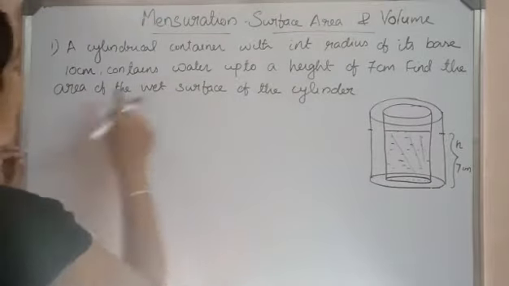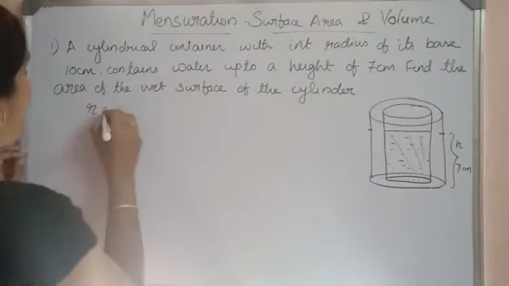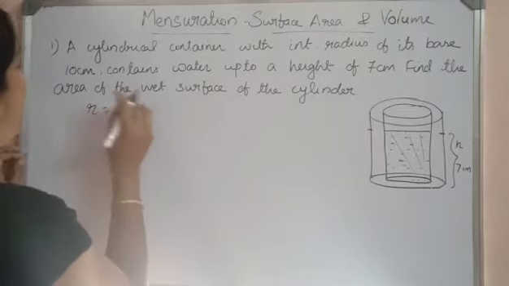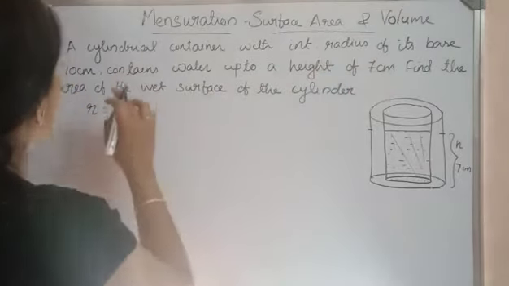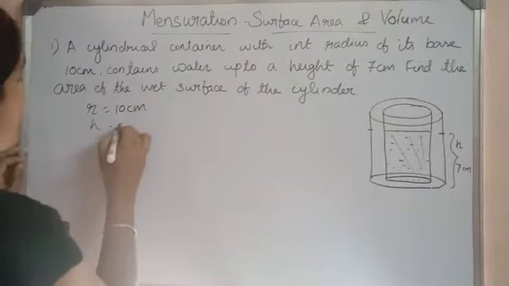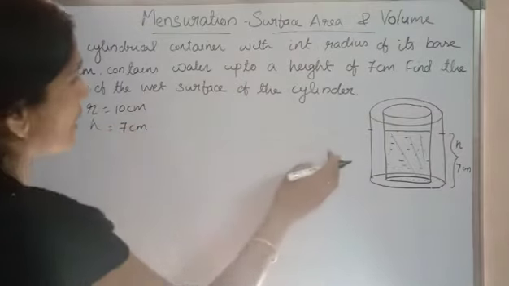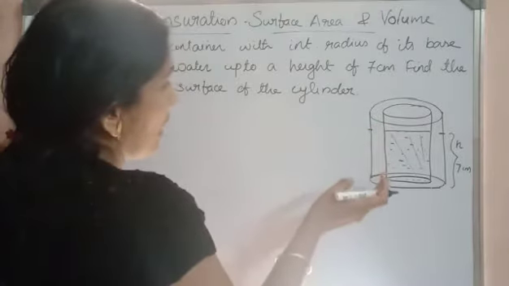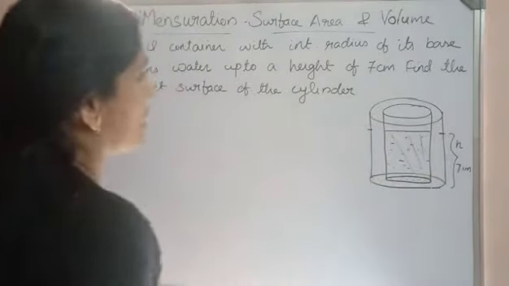It's given that the radius is 10 centimeters. R is equal to 10 centimeters, radius of its base, and the height is 7 centimeters. Here the height of the cylinder can be anything else, but the level of the water is up to 7 centimeters.